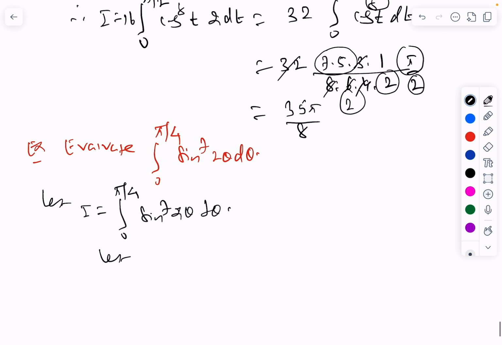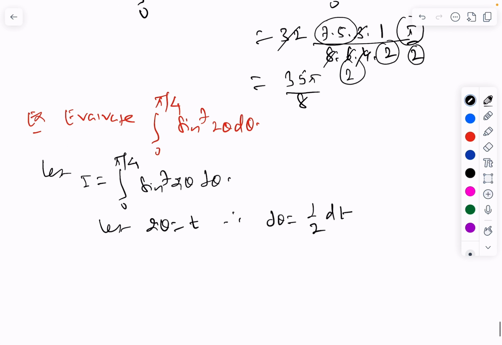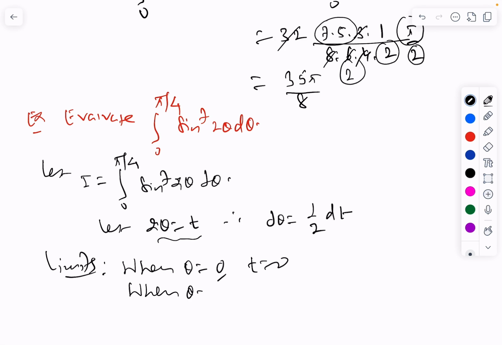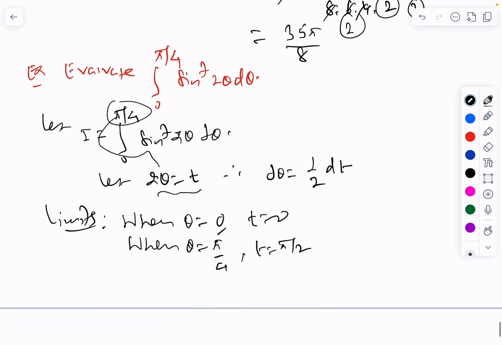Now let 2 theta equal to t. Therefore 2 d theta equal to dt and d theta equal to 1 by 2 dt. Limits. When theta equal to 0, t equal to 0, and when theta equal to pi by 4, t equal to pi by 2.